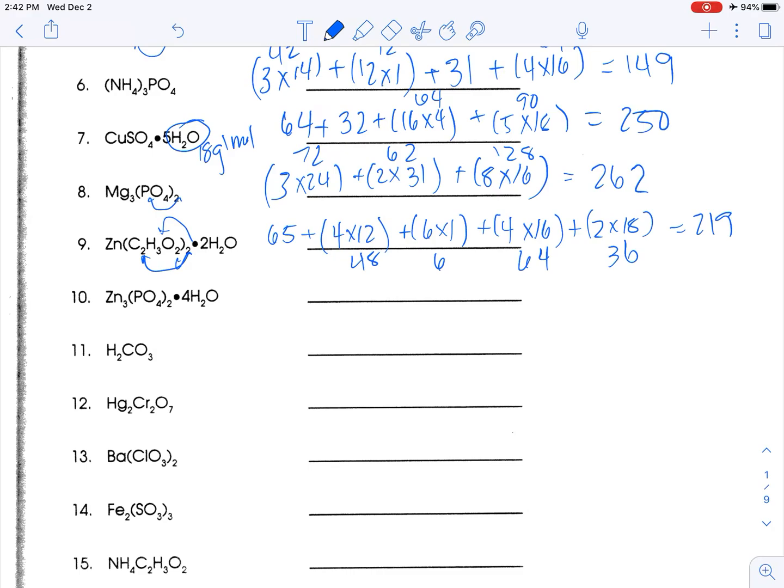Okay, zinc. Once again, zinc is 65, but this is times 3 now.